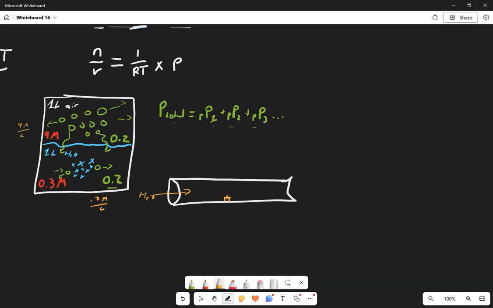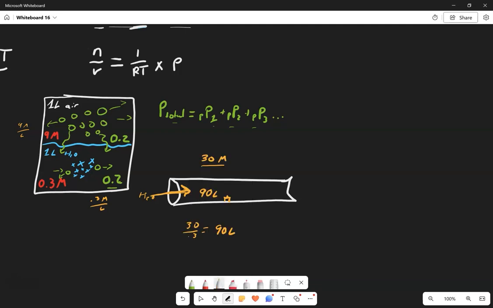What would happen if I want my O2 sensor to detect 30 moles? How much water do I need to push through? I've got to do 30 divided by 0.3, which is equal to 90 liters. So I've got to push 90 liters through that tube.